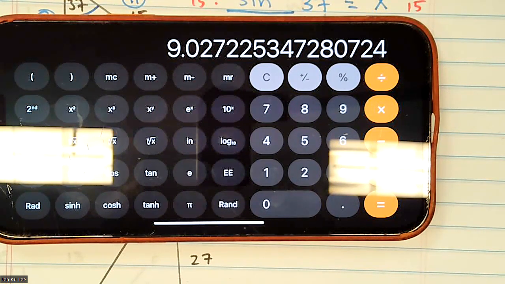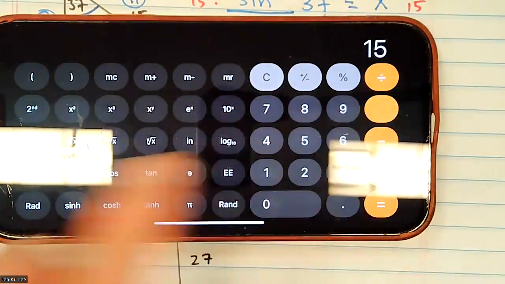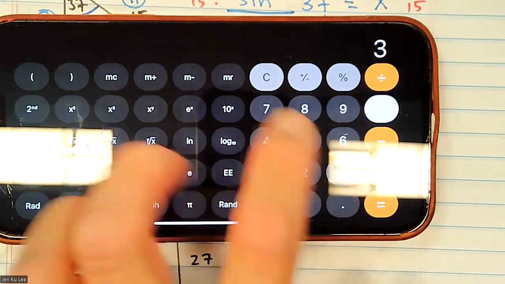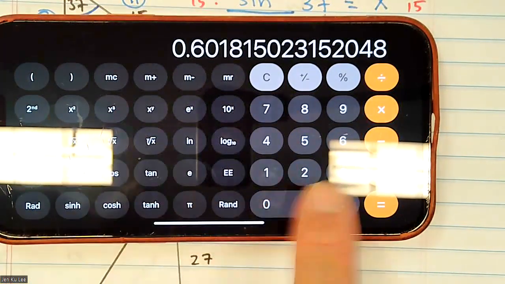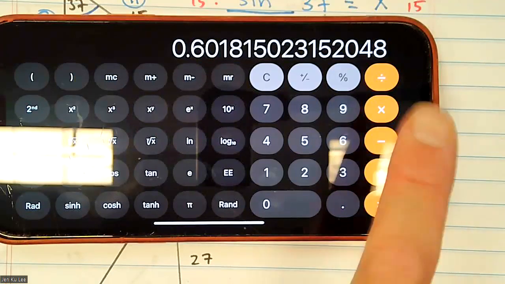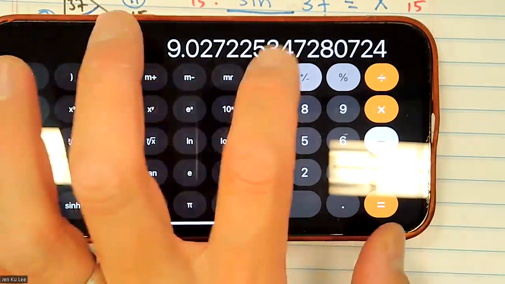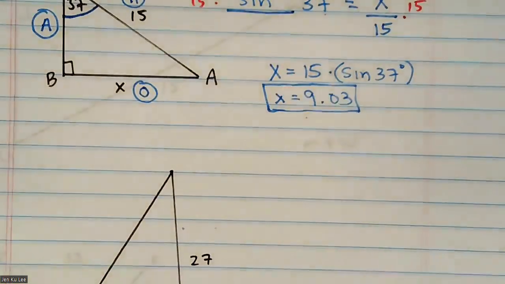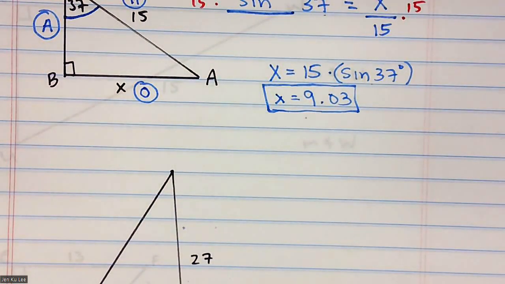Because if you do it your way, 15 times 37 sine, people would think that this is the answer. They won't push that extra button. Okay. Any questions on your calculator that I can help you with?